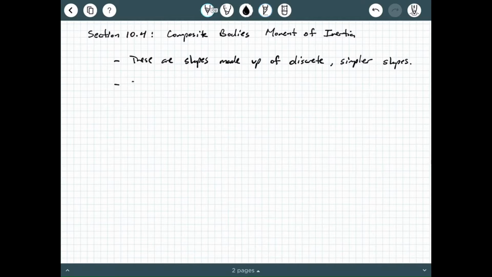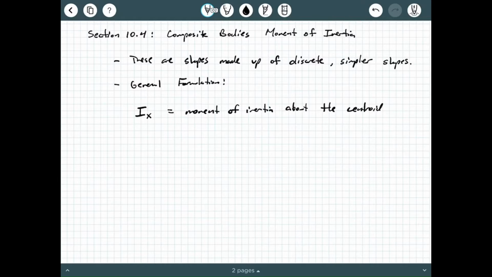So the general formulation is going to be as follows. We're going to say I sub x is going to be the moment of inertia about the centroidal x-axis of the composite shape.